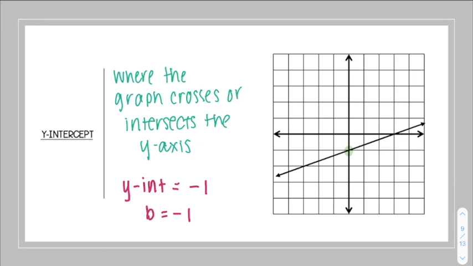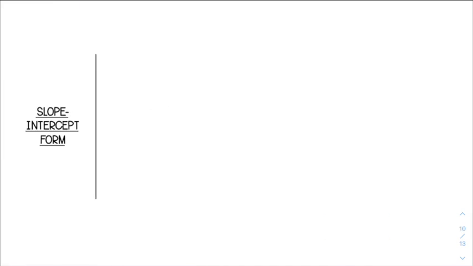From the graph, we would be able to write our equation. We call it a special form, what we're going to be talking about today, your slope-intercept form. The reason why you're calling this your slope-intercept form is because you need your slope and your y-intercept in order to write this equation.